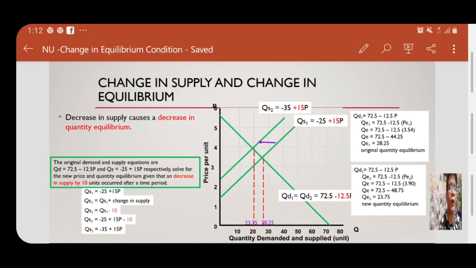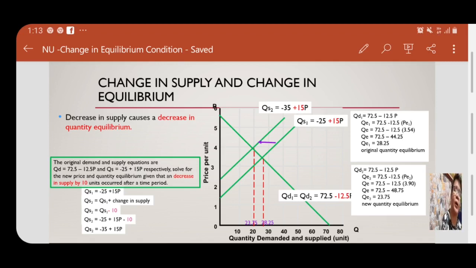Because we have computed the price equilibrium, we can also compute the quantity equilibrium. We can compute the original quantity equilibrium by using the original demand equation, and use the new demand equation for finding the new quantity equilibrium.